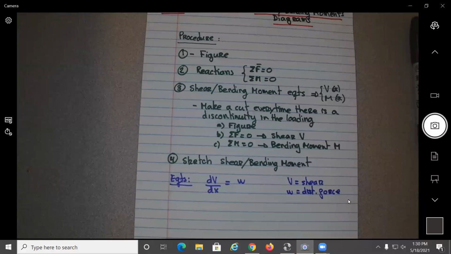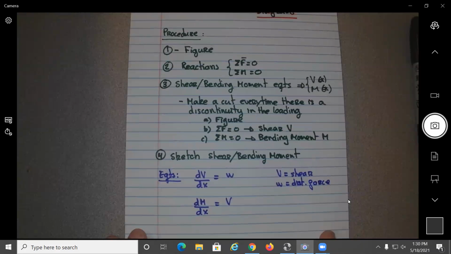And then there's another one, which is dM/dx equal to V. Okay, but personally, when I solve for the shear and bending moment diagrams, in most cases you don't need these equations. Okay, it's just if you want to do it more mathematically, but if you want to do it just using the understanding, you don't need these equations. All right, so let's do one example.